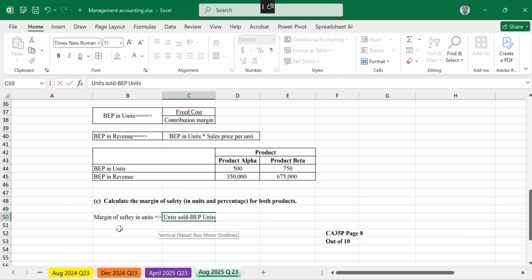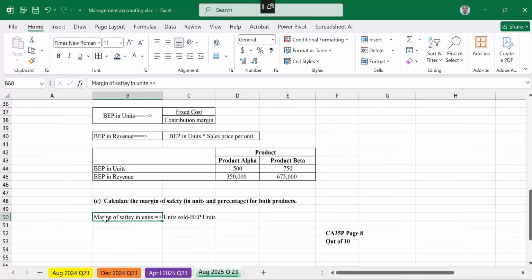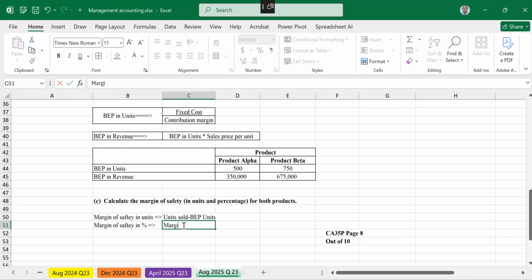Then margin of safety in percentage is equal to the margin of safety in units over units sold, then that will be multiplied times 100%.